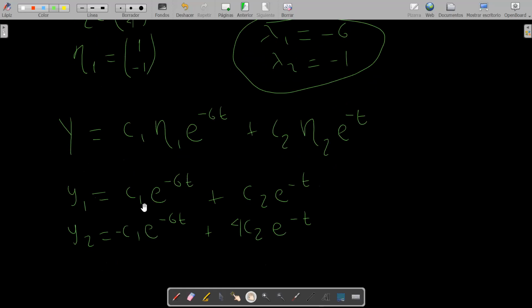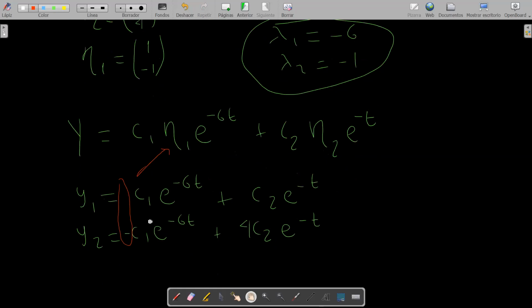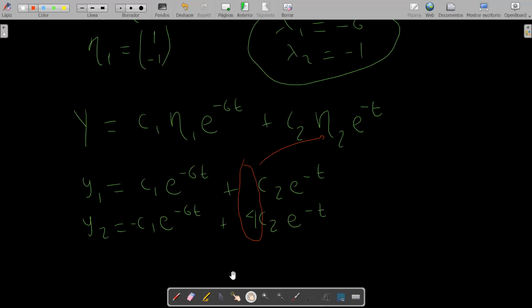So we have replaced over here the values for our first eigenvector of 1 and -1. And in a similar fashion, I have replaced over here the values for the second eigenvector, the values 1 and 4. So here is the 1 and 4.